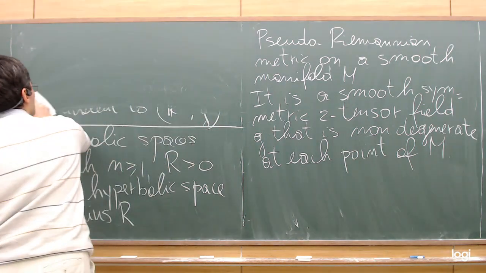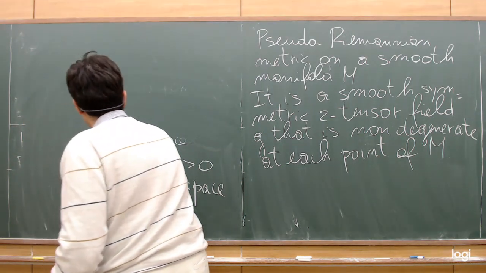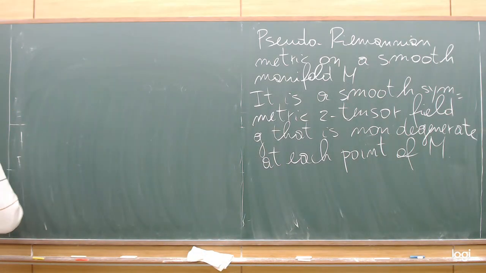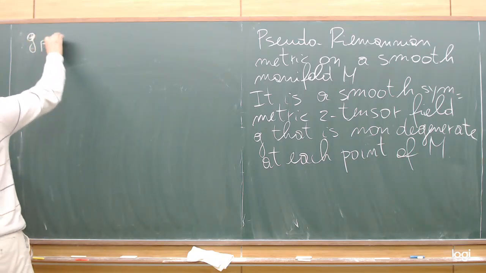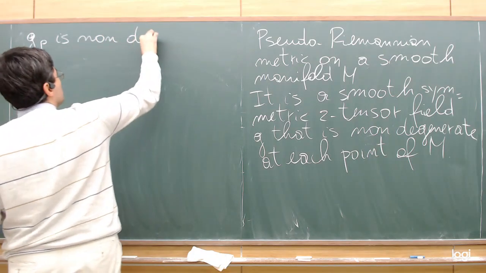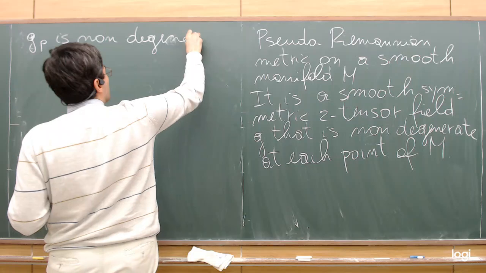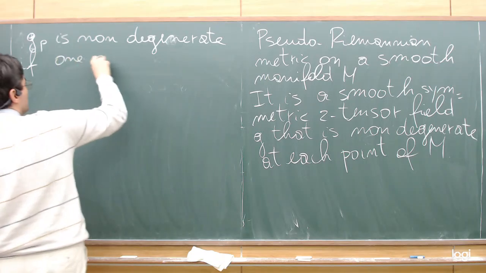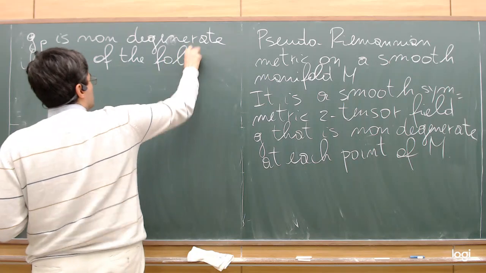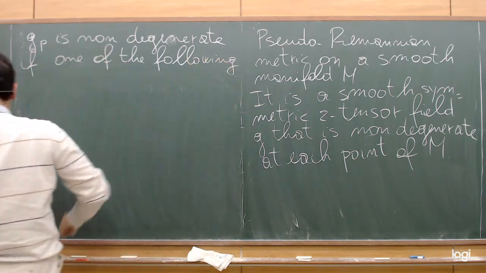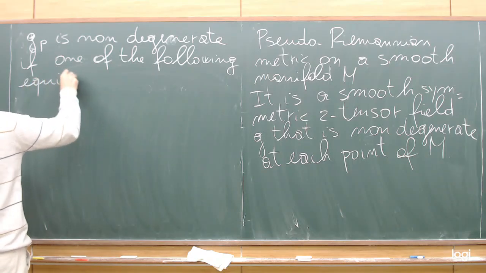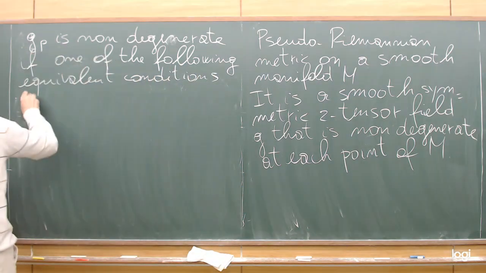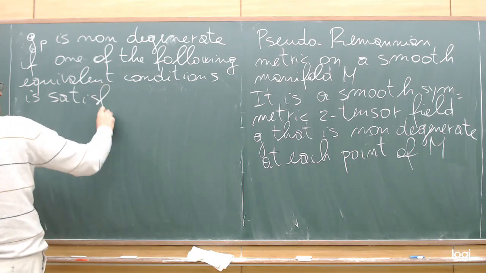What does it mean to be non-degenerate? At each point p of M, G_p is non-degenerate if one of the following equivalent conditions is satisfied.